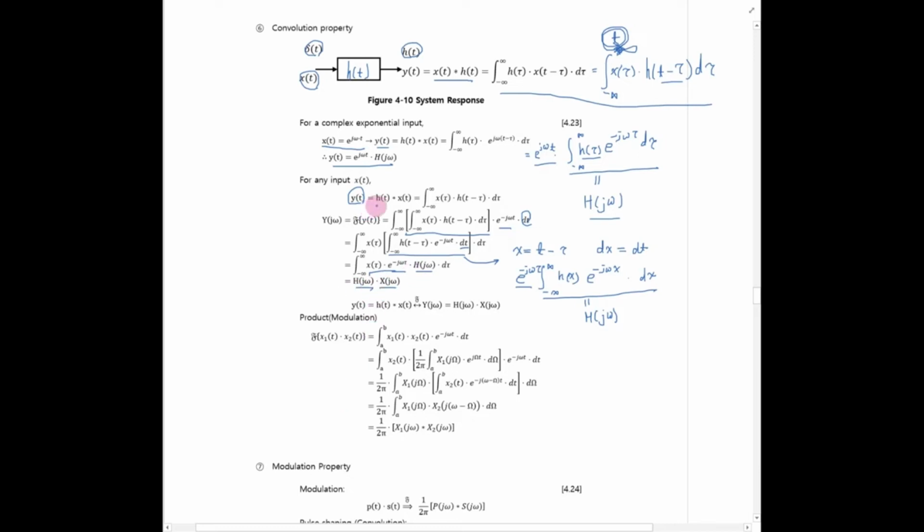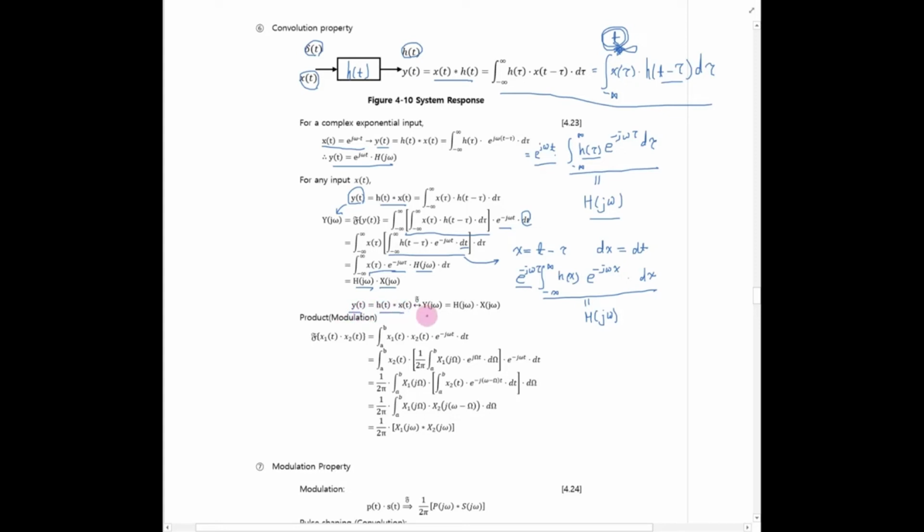So for a time domain convolution, by taking the Fourier transform, the expression in the Fourier domain is just a product. Time domain convolution is a complex integration, but in the spectral domain, it's just the direct product. It's very easy to find out, and it is valid for any input. y(t) is the convolution of the impulse response and the input.